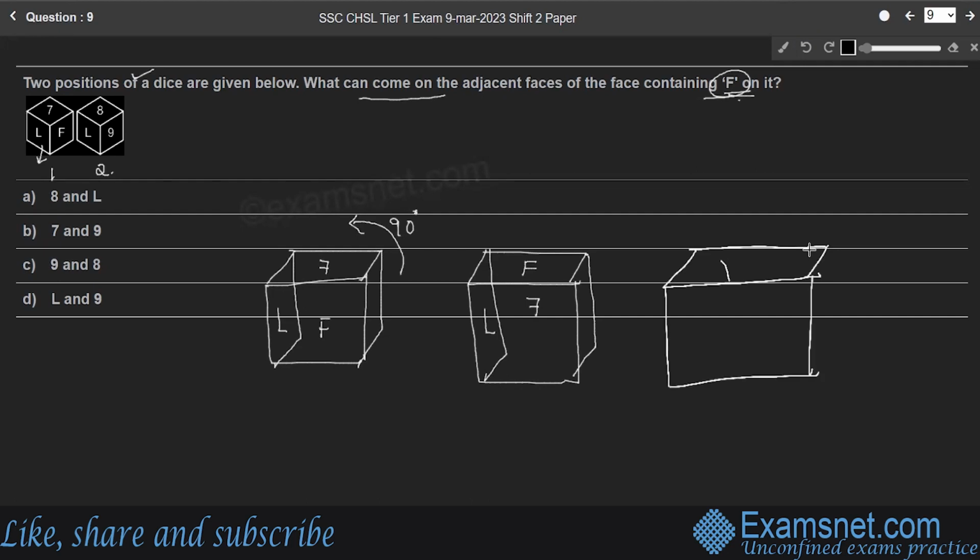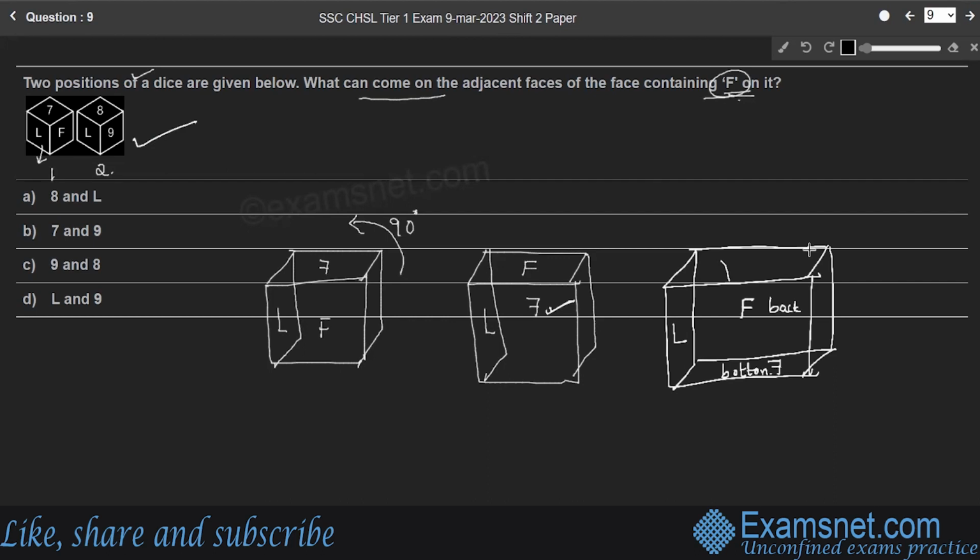Like this. Right? Keeping L constant, left face constant. So F becomes back face, right? This 7 goes to the bottom face. 7 becomes bottom, right? So keeping L constant, F is back face, bottom becomes 7, right?